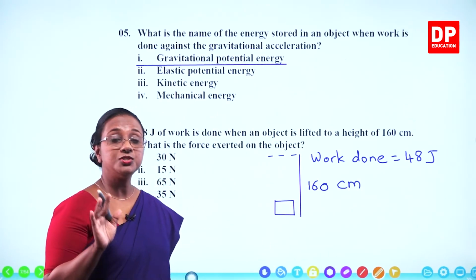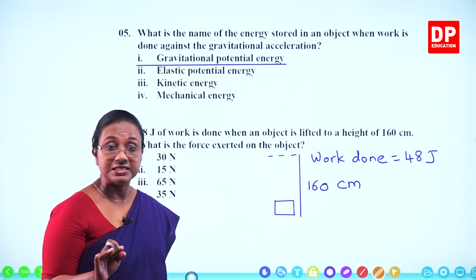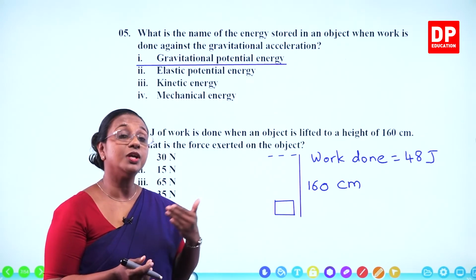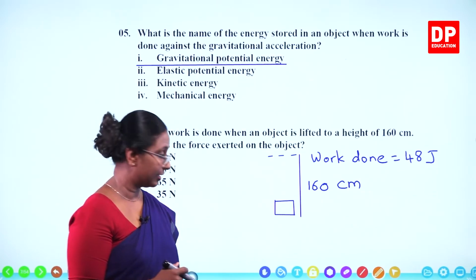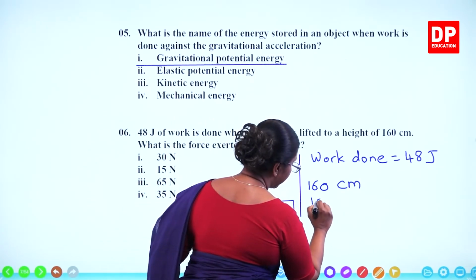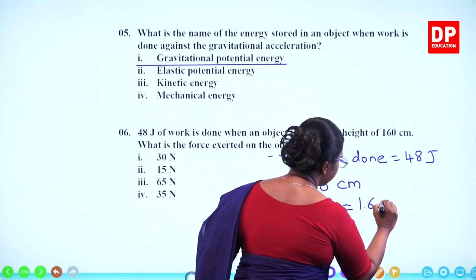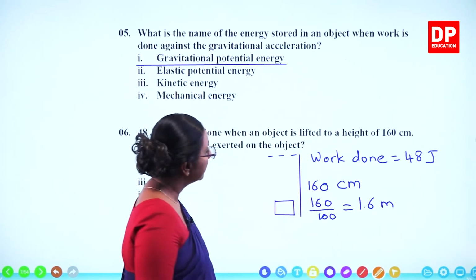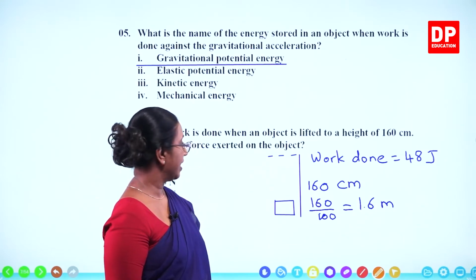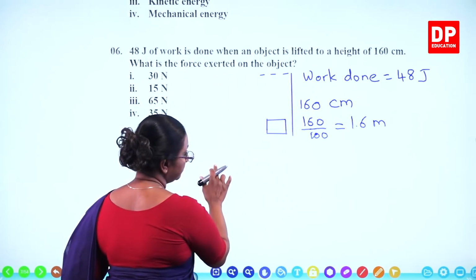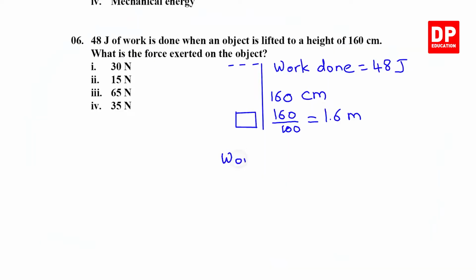But you can remember, students, always we need to have the height in meters. So like I tell you, we can do the conversion here and substitute, or substitute while doing the conversion and do the calculation. I'll do the conversion there. 160 divided by 100, that is going to be 1.6 meters. That is the height. Then we have the work done, we have the height, we need to find the force. So what is work done? Work done is equal to force into height.